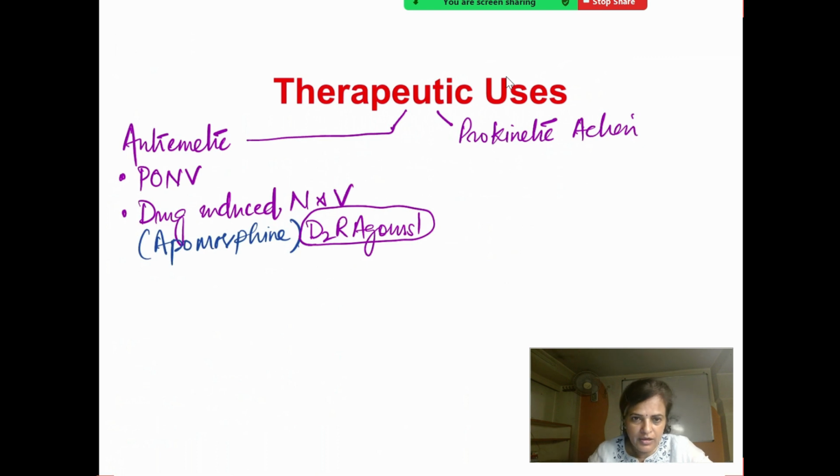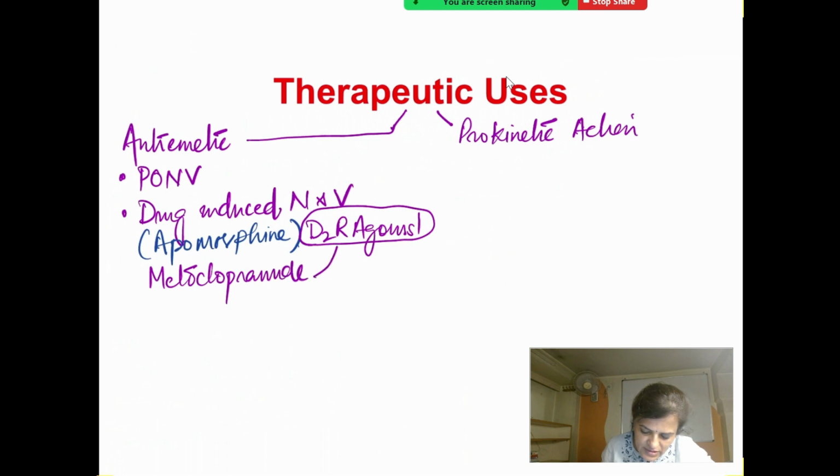Now this group of drugs being D2 receptor antagonists, metoclopramide is a D2 receptor antagonist. So it is going to antagonize the effect which is produced by apomorphine.